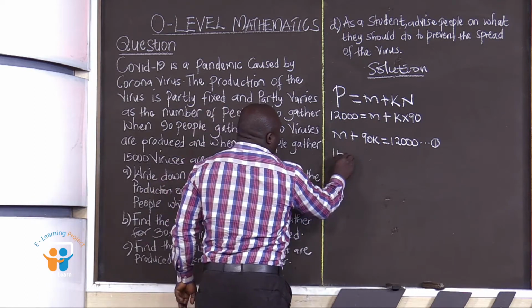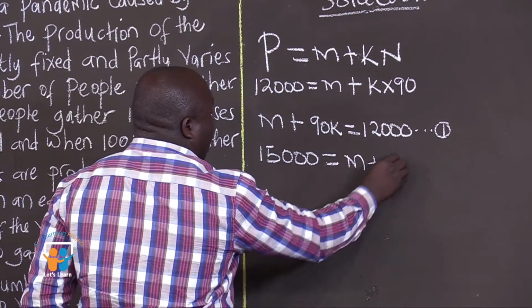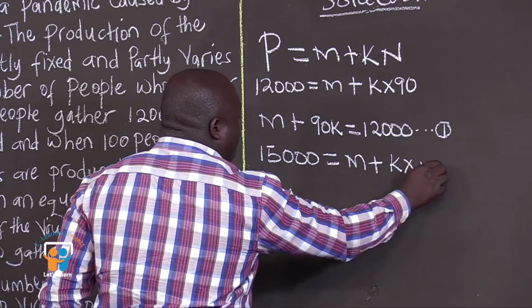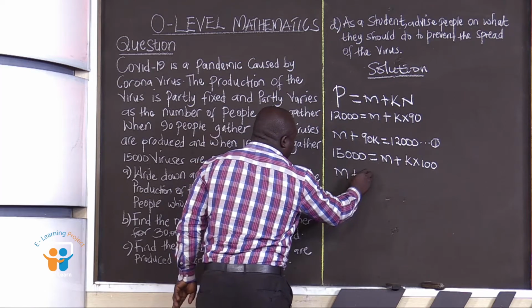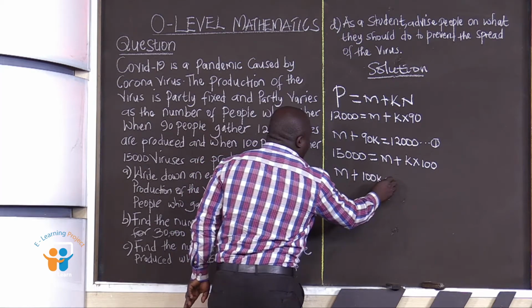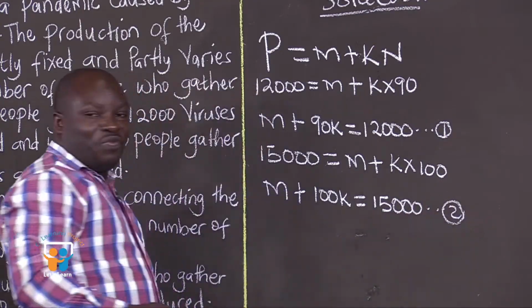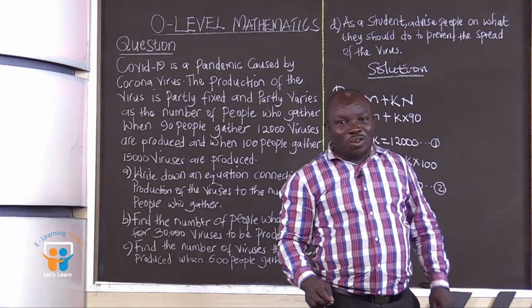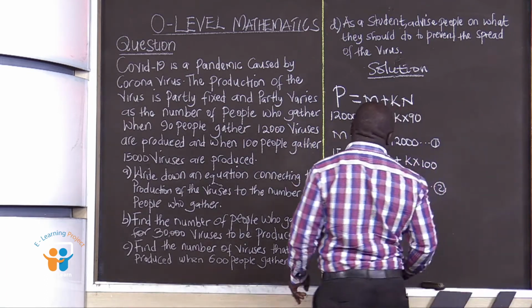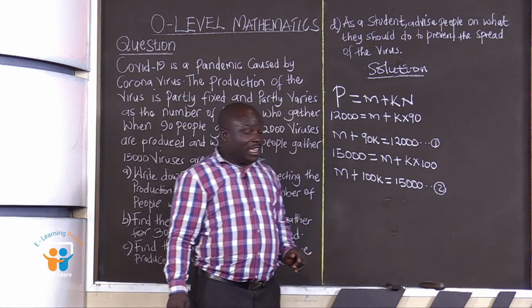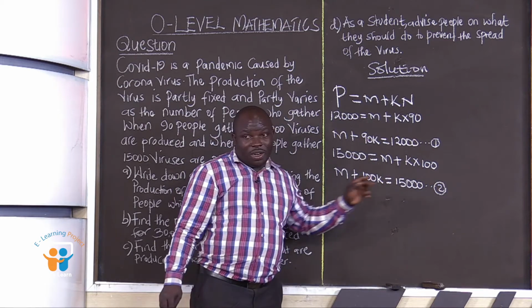So we can say 15,000 equals M plus K times 100, which we can write as M plus 100K equals 15,000. Equation 2. We now have two equations. The first equation is M plus 90K equals 12,000. The second equation is M plus 100K equals 15,000.